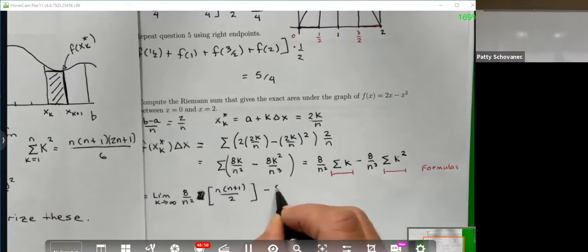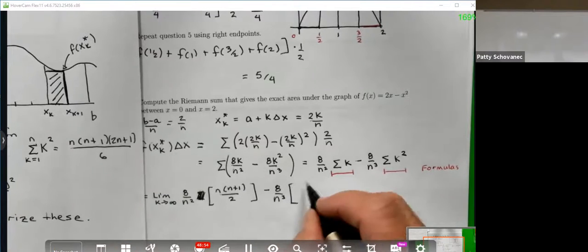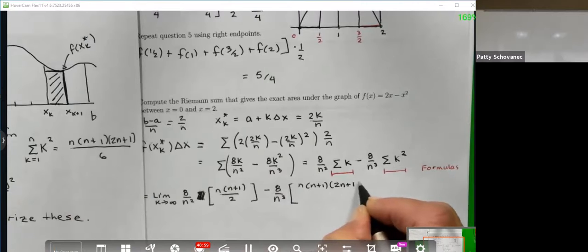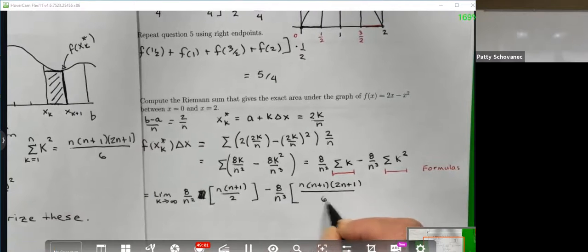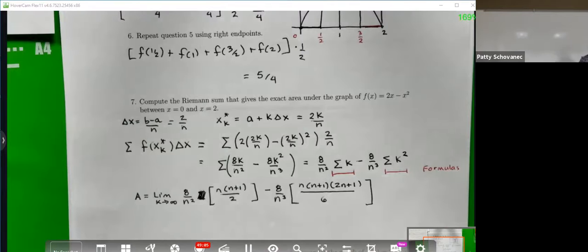And then over here, that one is going to be n times n plus 1, 2n plus 1 over 6. You take it from there, simplify, and run that limit through there, and then tell me what you get.